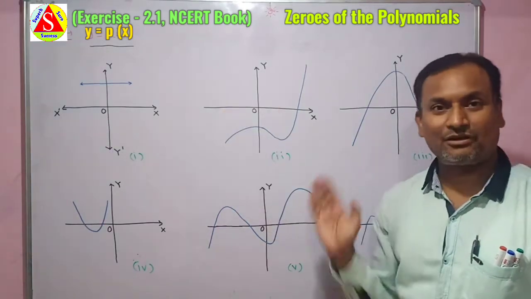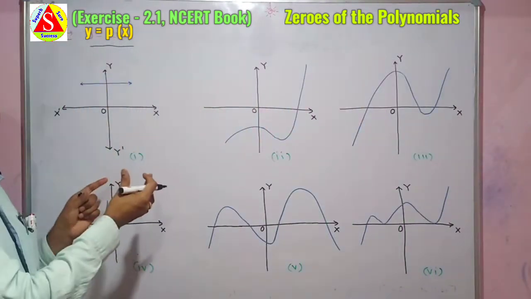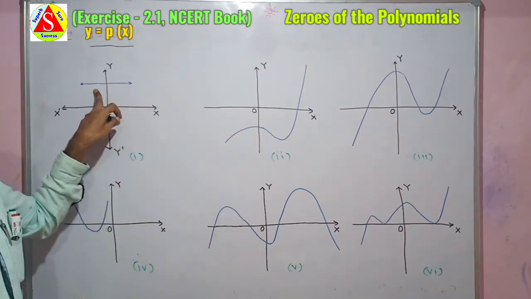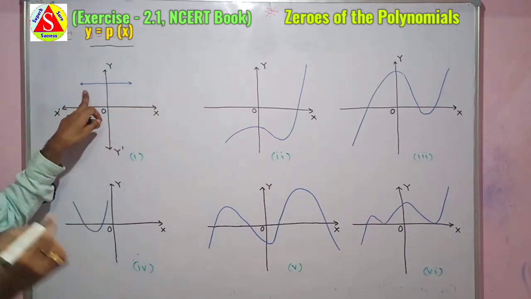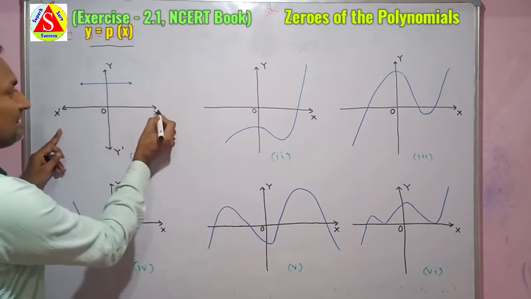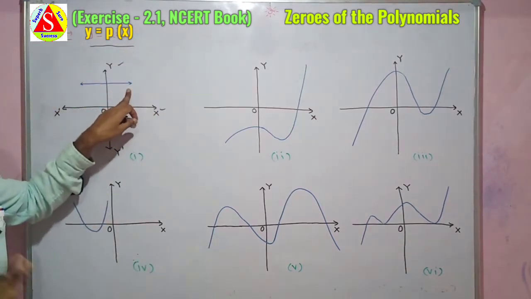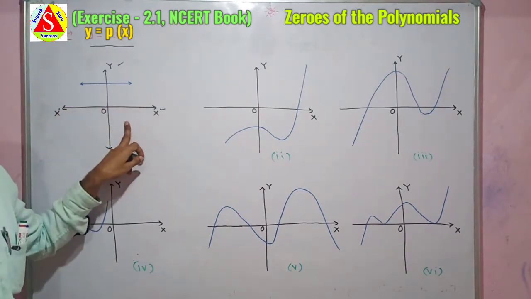So let's start solving. Starting with the first question, dear student, if you see the first graph of the question, here this graph does not intersect with the x-axis. Here this is the x-axis and this is the y-axis, and this is our graph, and you can notice this graph does not intersect the x-axis.